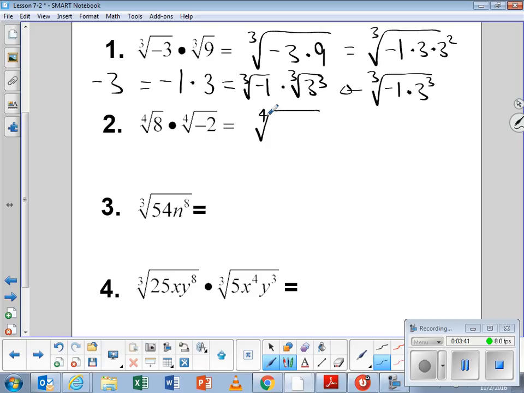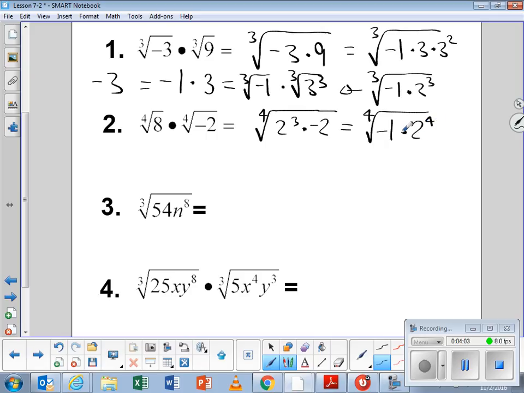Do you agree? So it's really 2 to the third times negative 2, which is a negative 1 times, oops, sorry, fourth root. Sorry. Fourth root of negative 1 times 2 to the fourth.